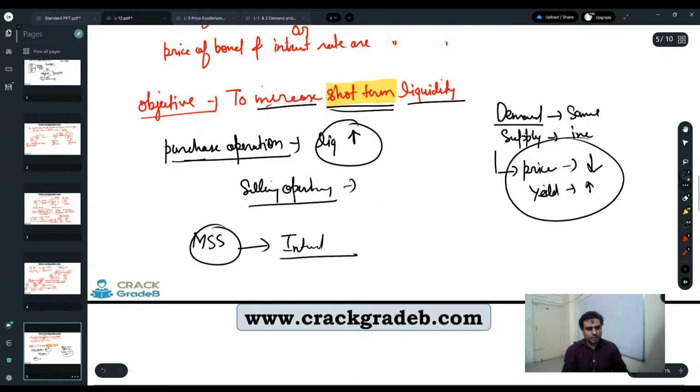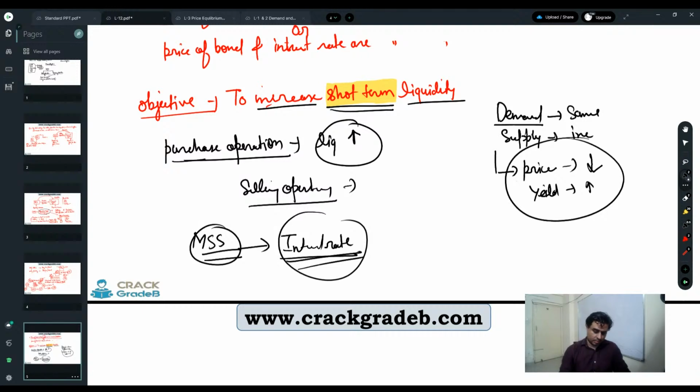I want to finish it, and MSS also. MSS will not take more than 5 to 10 minutes. The rest of the time I'll spend on interest rate. So the interest rate class is going to be very interesting. You will get more understanding about our financial system, our economy, and how interest rates were administered.